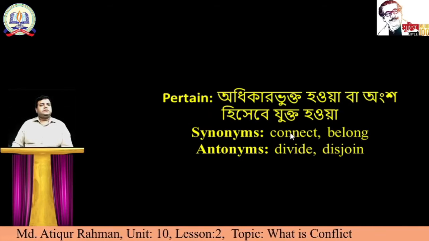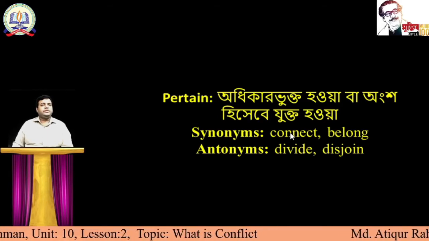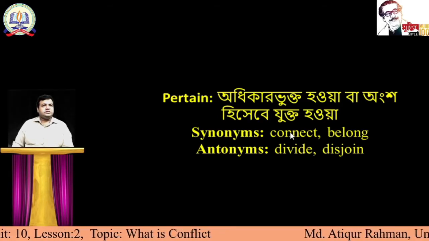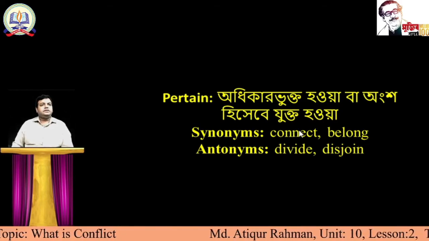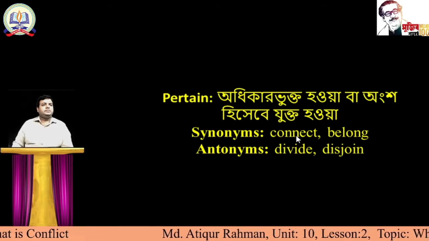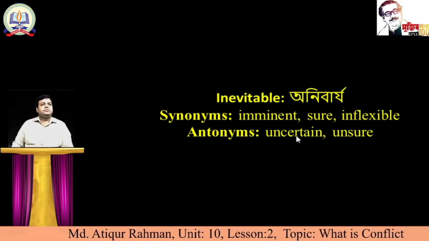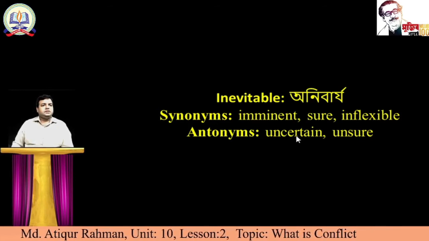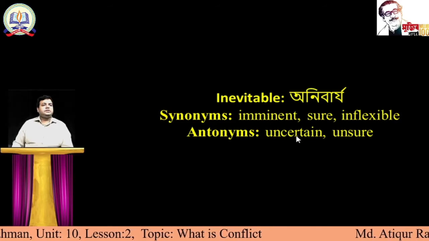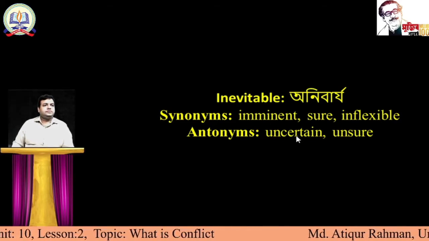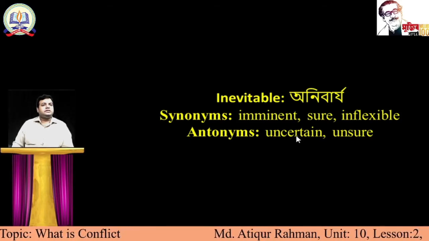Pertain means অধিকারভুক্ত হওয়া বা অংশ হিসাবে যুক্ত করা. Synonyms are connect, belong. Antonyms are divide, disjoin. Inevitable means অনিবার্য. Synonyms are imminent, sure, inflexible. Antonyms are uncertain, unsure.